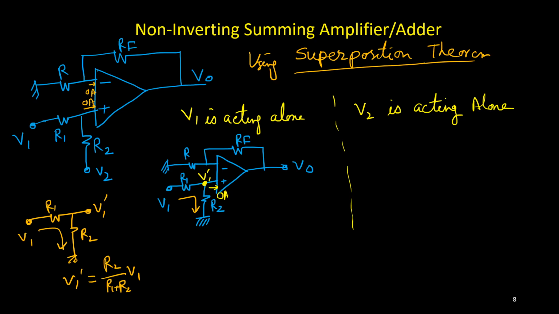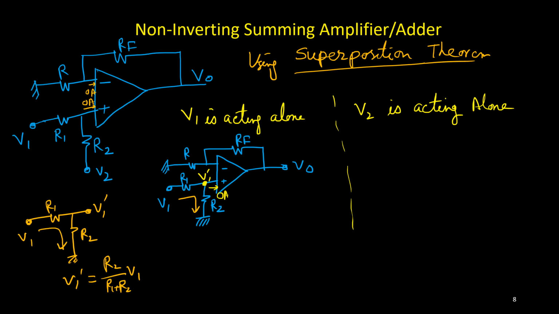Now, if I get this V1 prime, then you see this end, what potential is there, it is behaving as a non-inverting amplifier. So this circuit will behave as a non-inverting amplifier. If this potential is V1 prime, then the output voltage, the non-inverting gain is 1 plus RF by R times V1 prime.